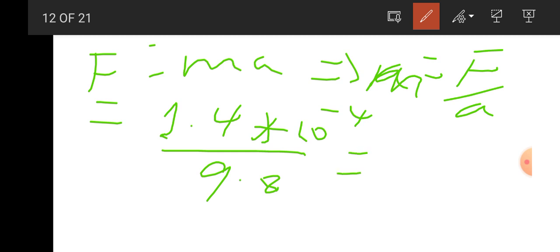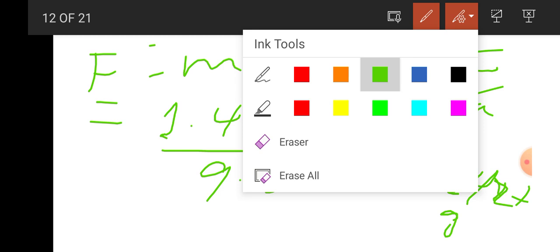So when we divide this number, what do we get? It is 0.01427 gram. So the final reading of the balance is the mass of the balance. The final reading of the balance is given as the mass which is calculated here.